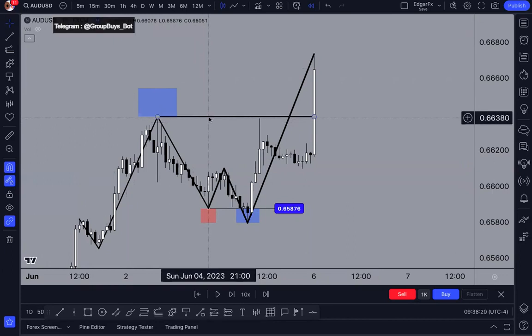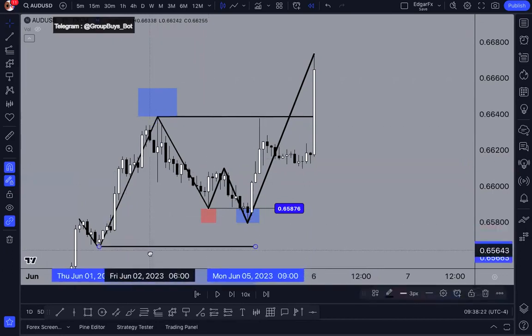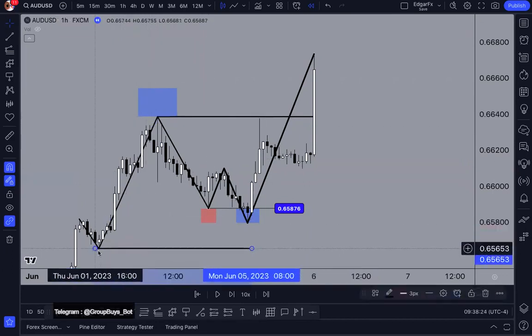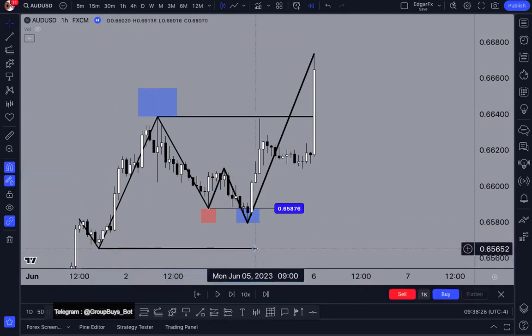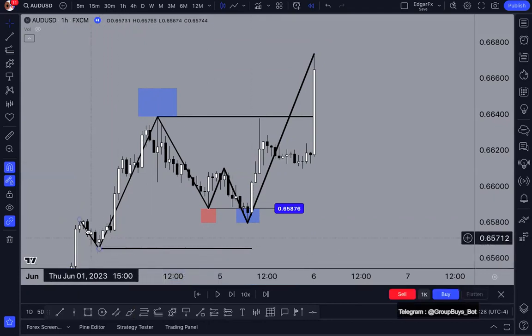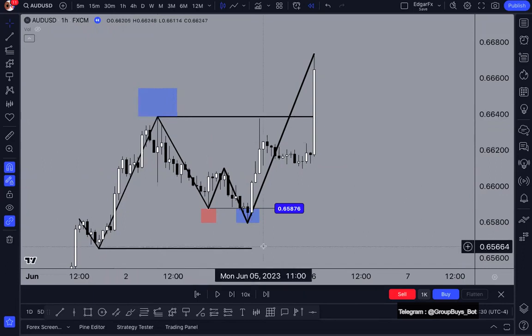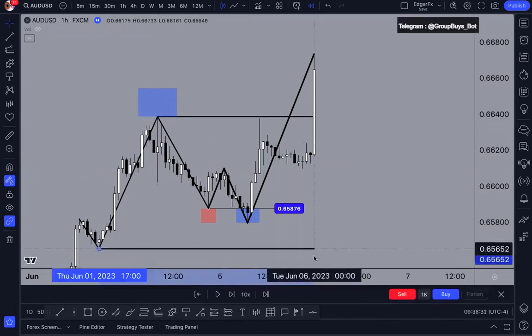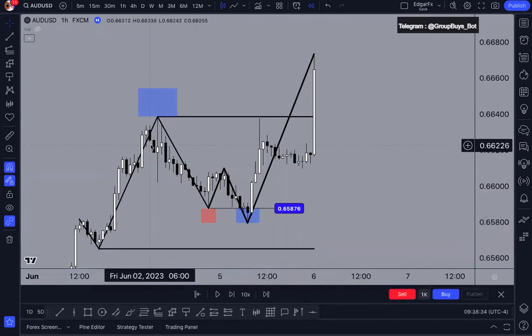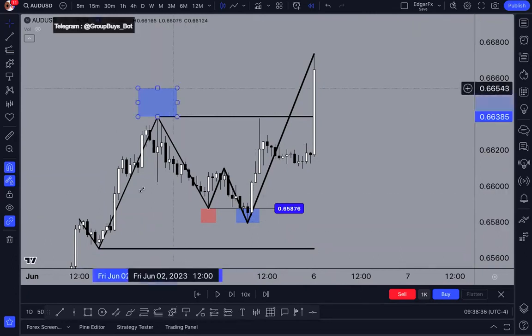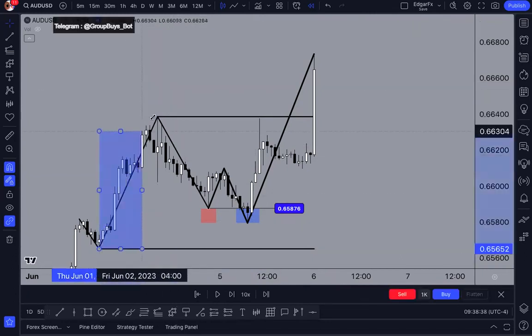So here you can see, you guys remember the concept of a price range? The price range from this low here to this high here, that's a price range, this move up right here, from that low to this high.